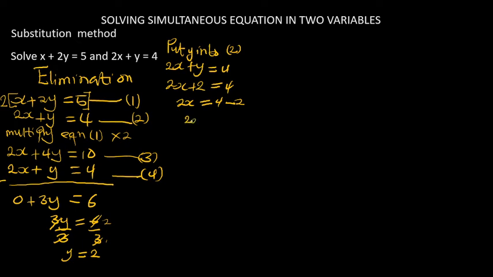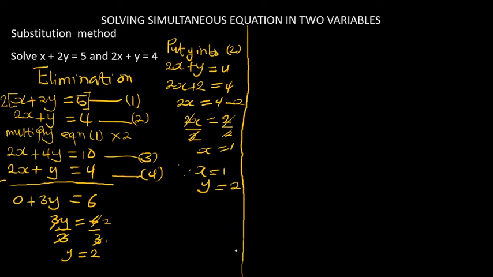So we have 2x equals 2. If we divide through by 2, this will cancel. We have our x, and 2 divided by 2 is equal to 1. Therefore we have x equals 1 and y equals 2. So that's what we did showing the elimination method.